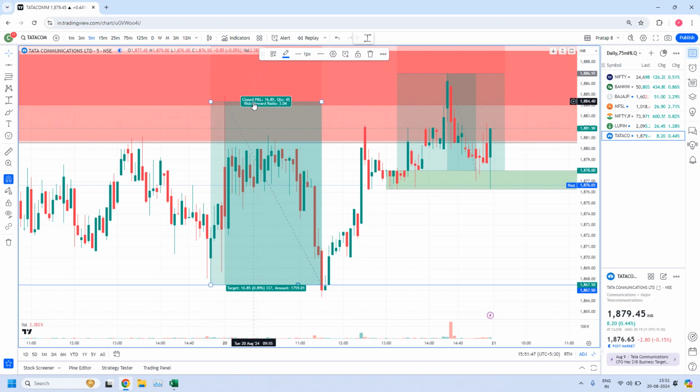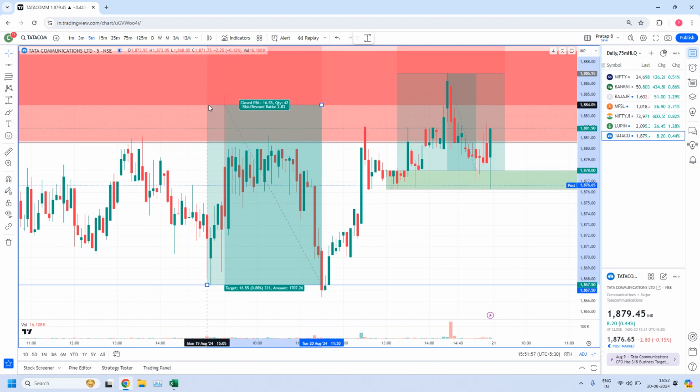See, now we got 1:3 RR. Suppose I adjust exactly at this proximal line, see, you are getting 1:2.8 RR. So to achieve 1:3, I slightly adjusted the entry, somewhere here.